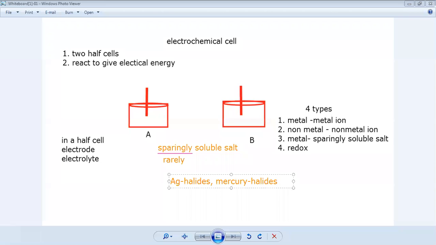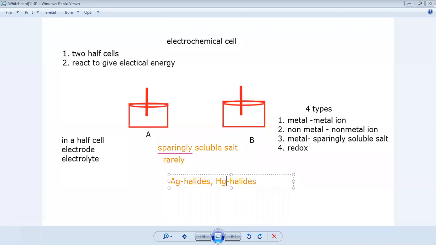Any silver halide or mercury halide. Remember this. Whenever you see silver or mercury, mercury is nothing but Hg. So silver halides and mercury halides are sparingly soluble. They are not at all soluble in water.